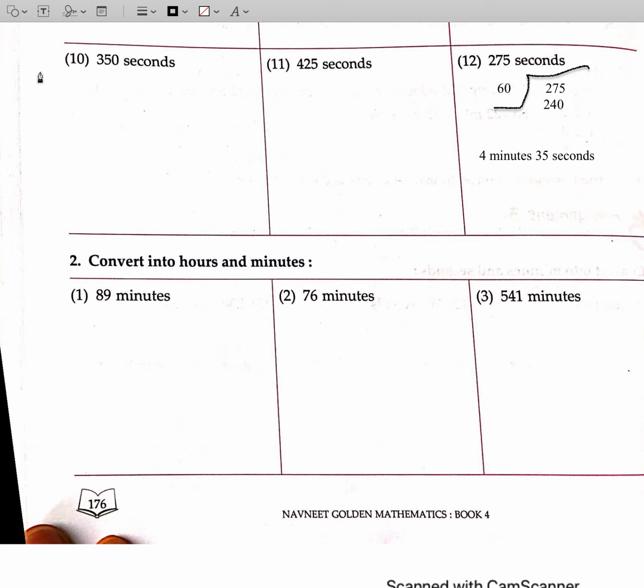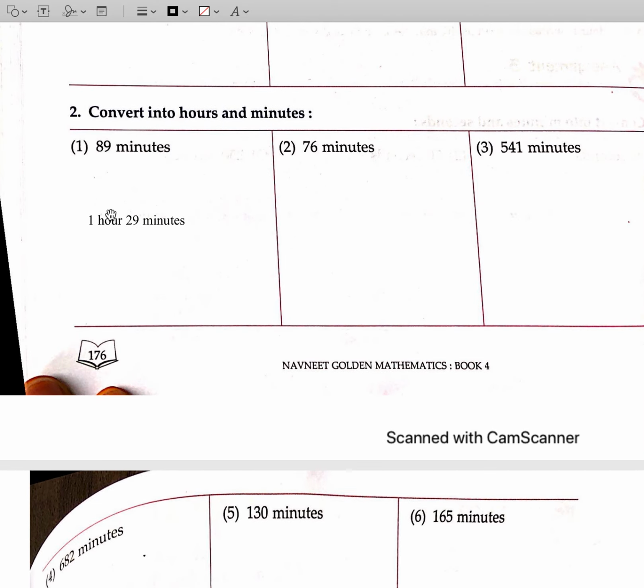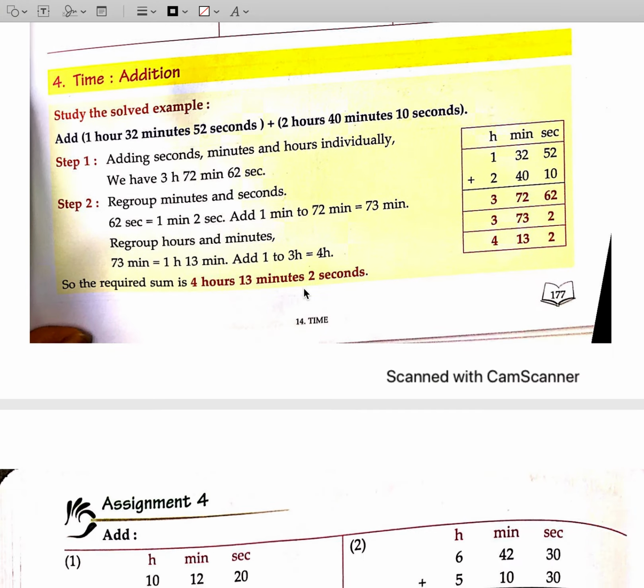So 60 minus 89 will be 29. Therefore it will be 1 hour and 29 minutes. For these conversions, you need to be well versed in the 6 table, because 0 is just an additional number. So 60 and 6 is the same.